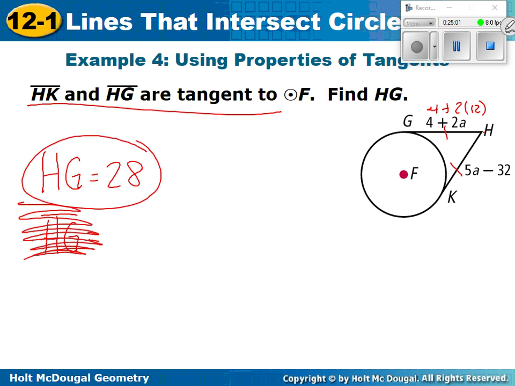Anybody not get that and need me to work it? Yes? No? Okay. That's 12-1. Any questions on 12-1? Would you agree it's pretty easy? Would you agree there's a lot of information in it?